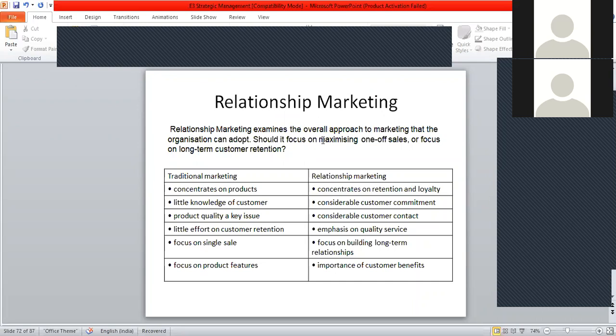Concentrates on retention and loyalty. Then considerable customer commitment, so they expect a commitment from the customers also. Then considerable customer contact.